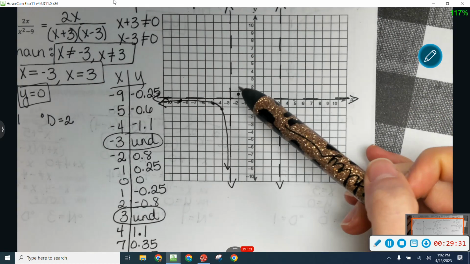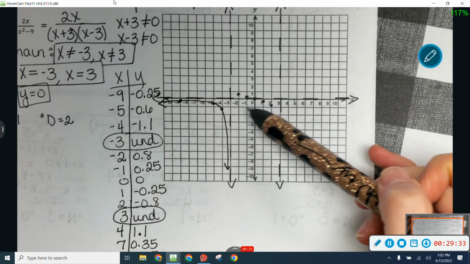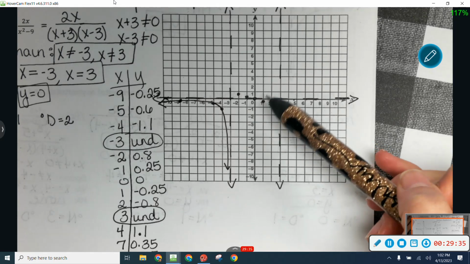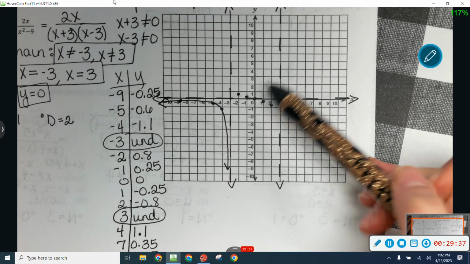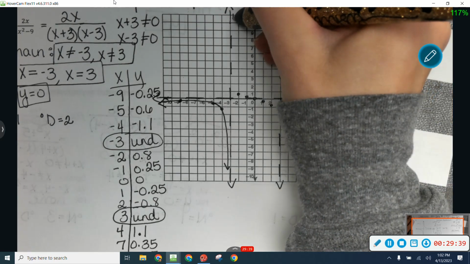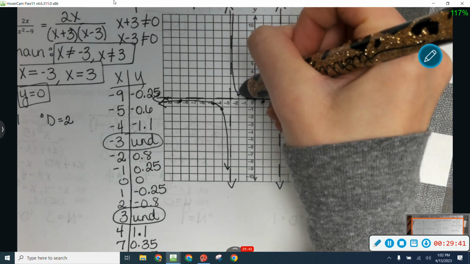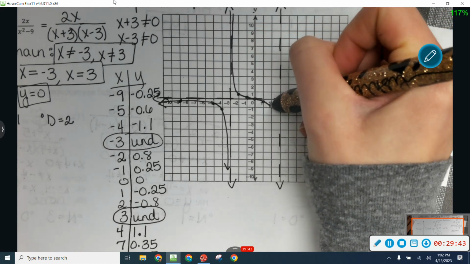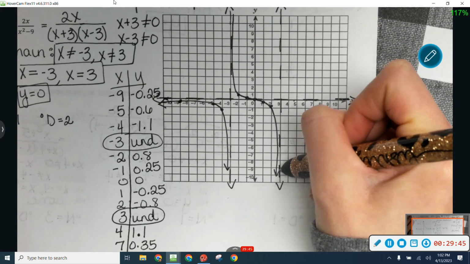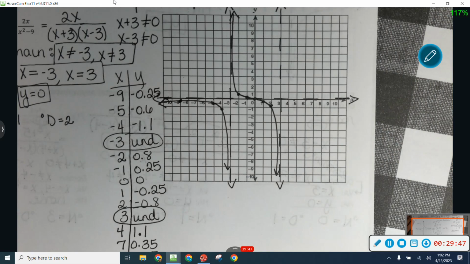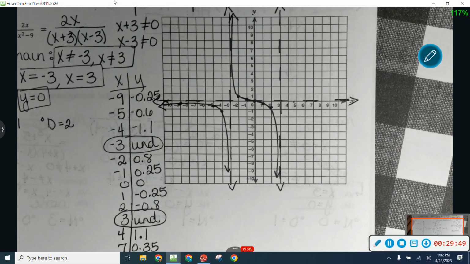So that is what it looks like when you plot your points in the middle. As long as you're using your calculator as your guide, then you know that it goes up and then starts to curve and flatten out and then goes straight down. Kind of like a cubic function.